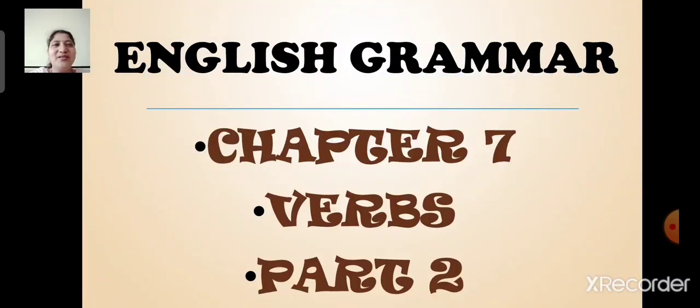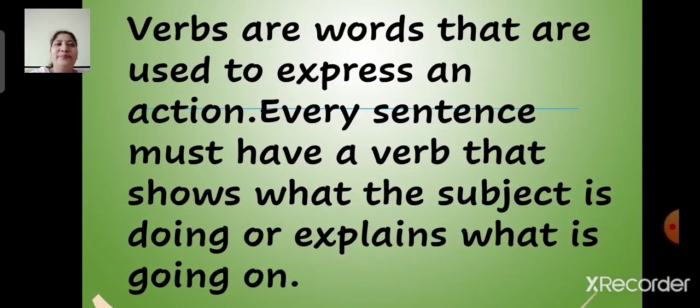In today's class of English Grammar, we will continue with chapter number 7, Verbs, part 2. So children, what are verbs? Let's recap. Verbs are words that are used to express an action.